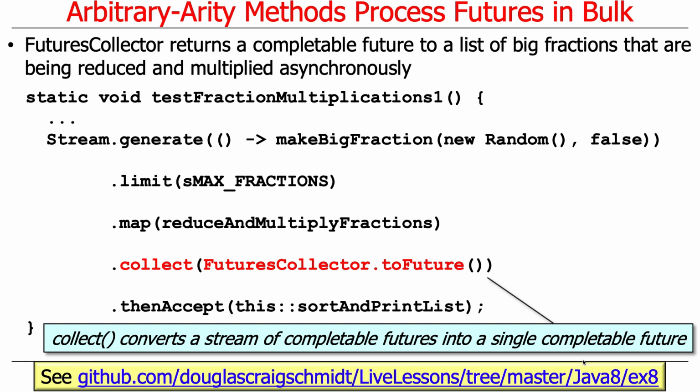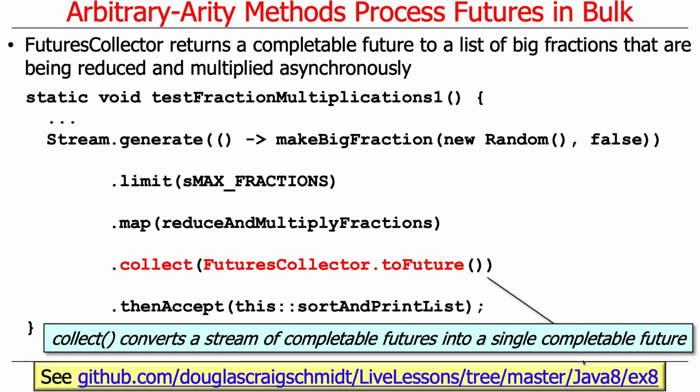Here is how we're going to demonstrate this particular capability. If you recall, we had generated some large number of unreduced big fractions. We'd called map to reduce and multiply all those big fractions asynchronously. So we had a stream of completable futures for all the operations that are being performed in parallel.